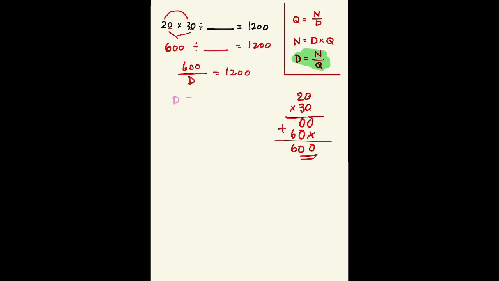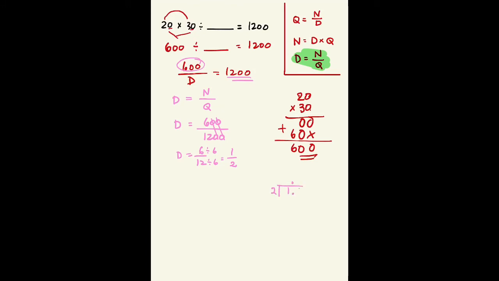So denominator is equal to numerator over quotient. This is the numerator, 600, divided by the quotient. So I can cancel zeros. So denominator is 6 over 12. Now, lowest term: the highest common factor of 6 and 12 is 6. So this is 1/2.